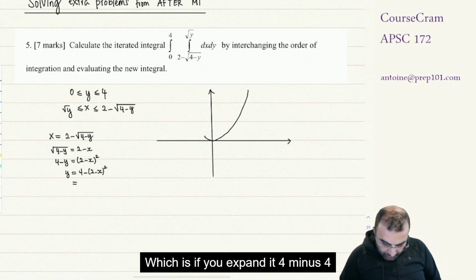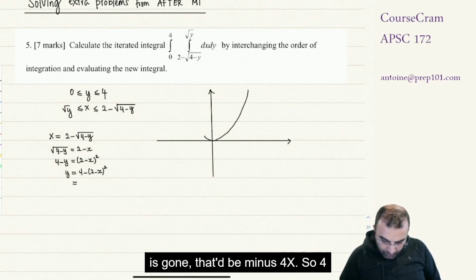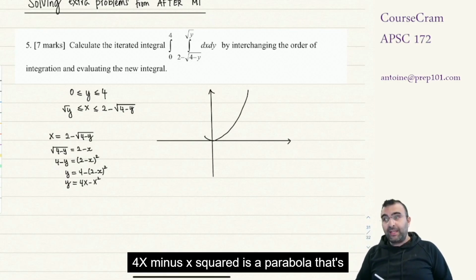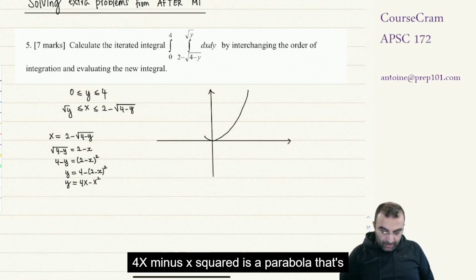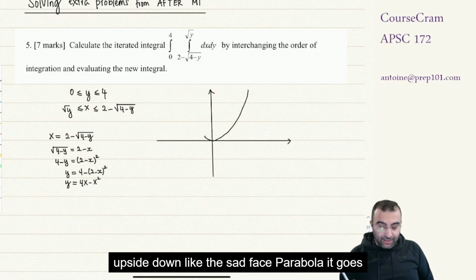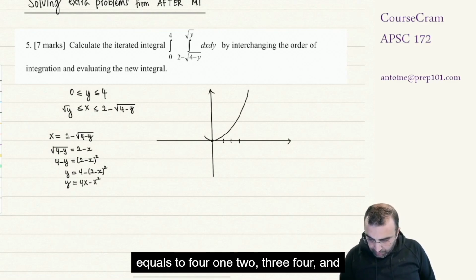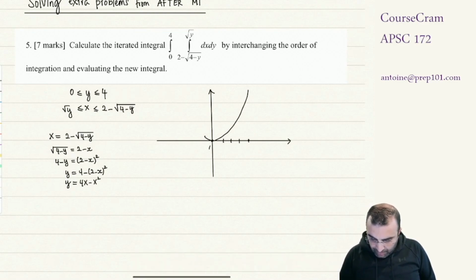If you expand it, 4 minus 4 is gone, and that would be minus 4x, so 4x minus x squared. 4x minus x squared is an upside-down parabola, like the sad face parabola. It goes through x equals 0 and x equals 4: 1, 2, 3, 4, and it just does this.